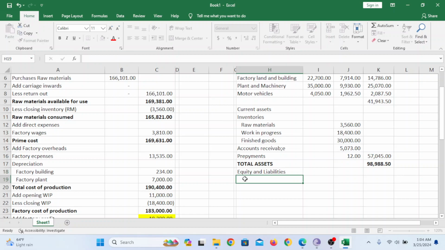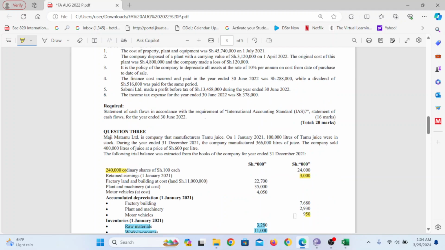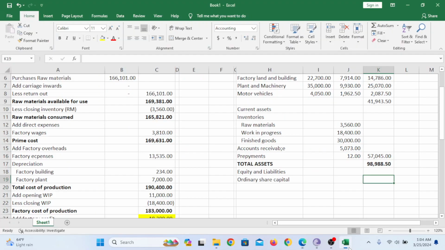So the first thing we need to bring is the ordinary share capital. So the ordinary share capital we pick directly from the statement. The first item, 24,000.